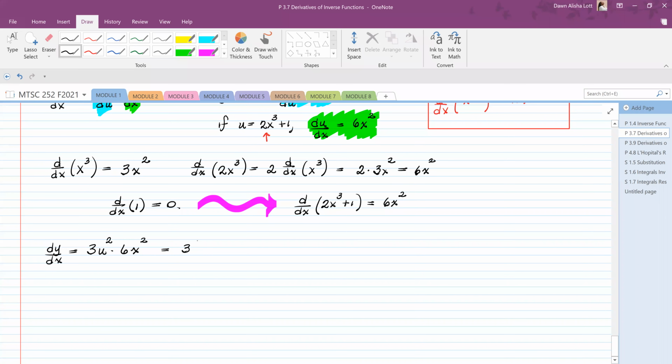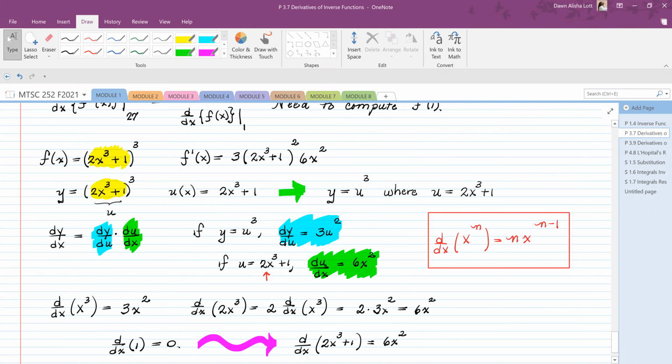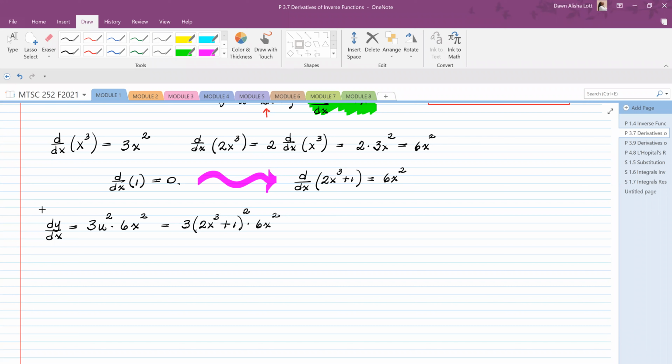So that's 3 times u, which is 2x cubed plus 1 squared, times 6x squared. So that's f prime. Notice I got the same answer in both cases. I got that answer, which I haven't simplified yet, and here I also got the same answer, and I have to simplify that.